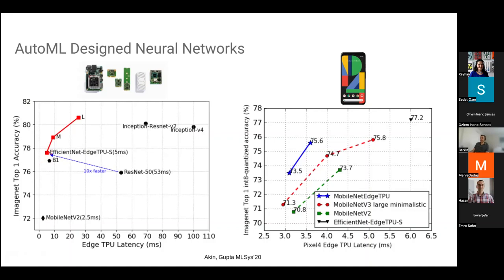And we are observing that optimizing for this target hardware using these more efficient blocks is generating much better neural networks. Same story here, right? Again, MobileNet V2, V3, and the EdgeTPU variant. It is improving the Pareto frontier, which is the trade-off between accuracy and latency.